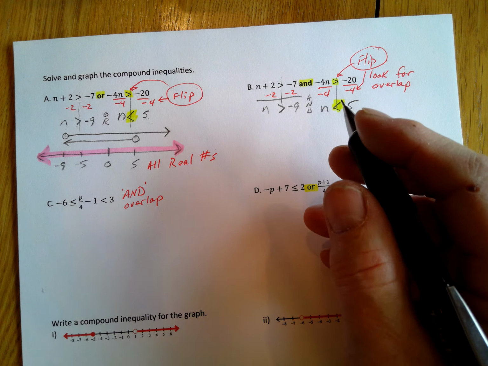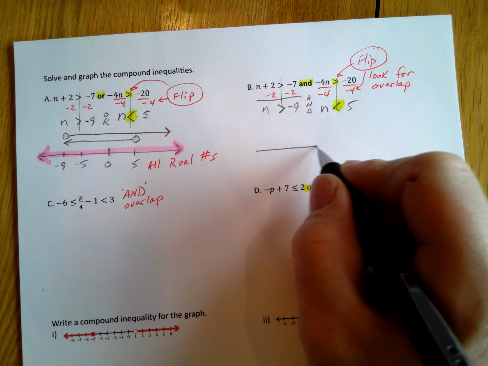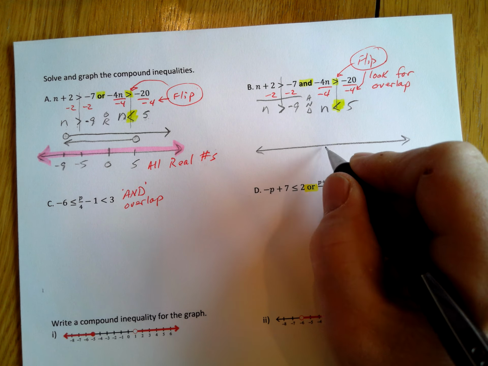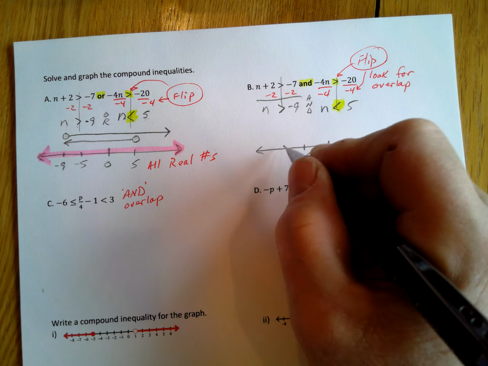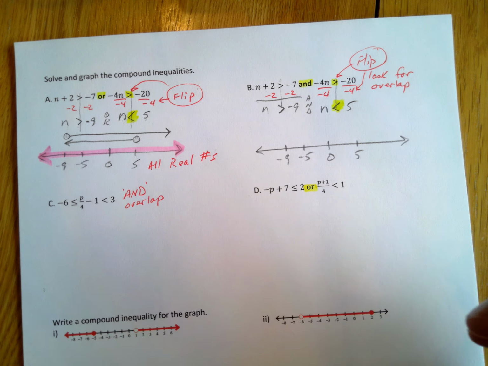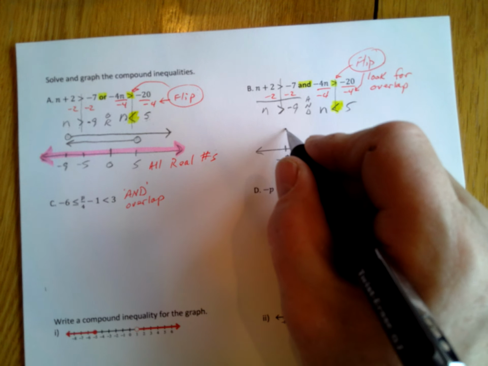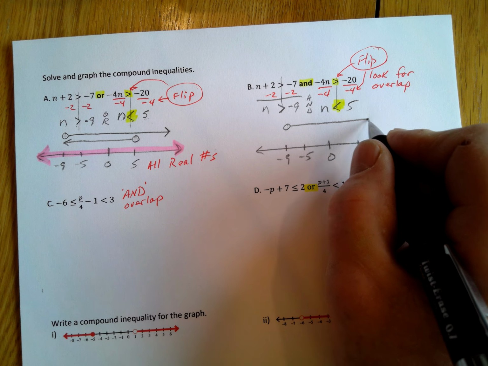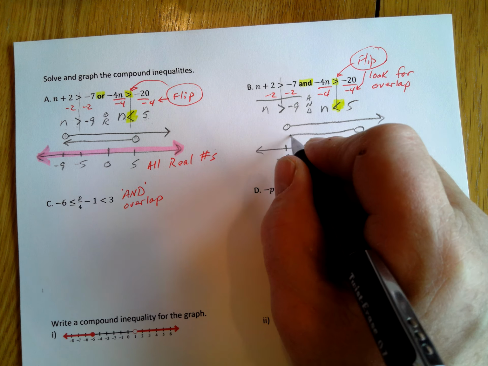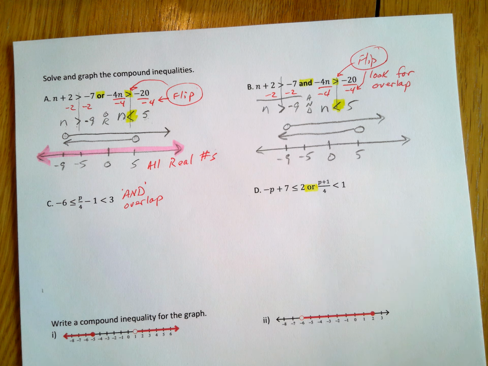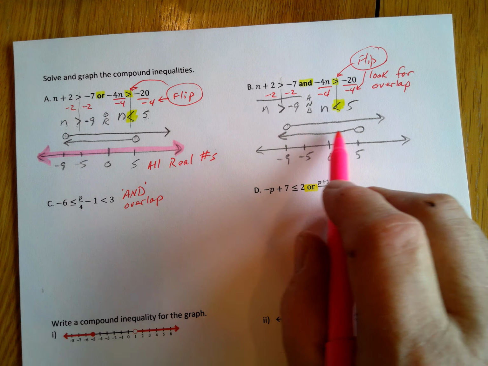So once again, I'm going to make a number line. Okay? 0 in the middle, 5 here, -5, -9. N is greater than -9 would be an open circle, and it would go this way. N is less than 5 is an open circle, and it goes to the left. What are we looking for? We're looking for this overlap.